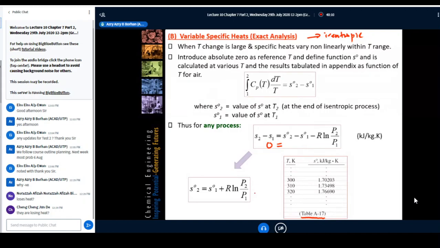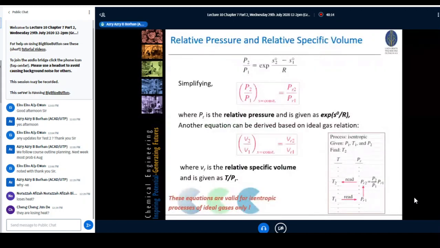Now, from this equation over here, you simplify that, so you have P2 over P1 equivalent to exponential of (s°2 minus s°1) divided by R. Now we want to simplify the right side of this equation.